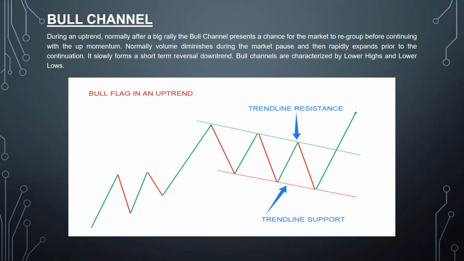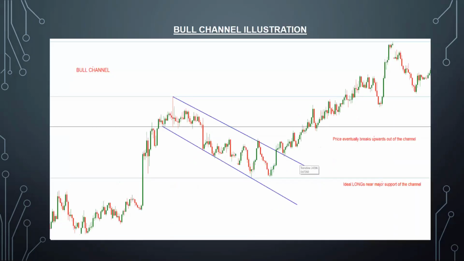Right. So let's see what this looks like on an MT4 chart. You can clearly see, I can't remember which chart I took this example from, but it's an H4 time frame, that much I know.